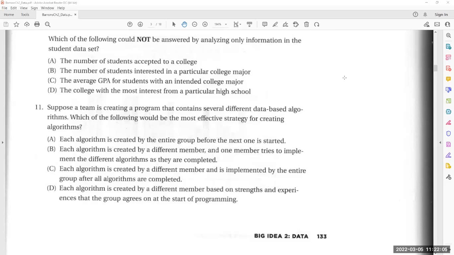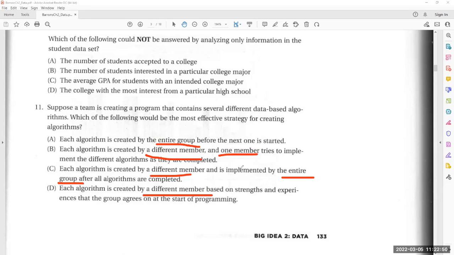Is it D? Why D? Since if they have different strengths and experiences, they can use those strengths to create better algorithms at a faster pace. Different strengths, experience. Okay. What is the keyword in this problem? What should you look at? Entire group, different member, one member, different member, entire group.